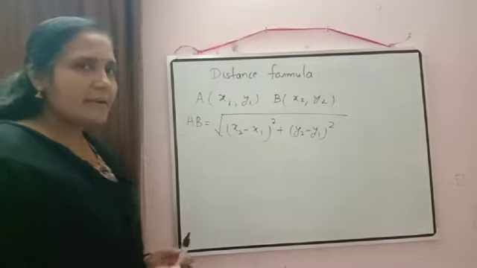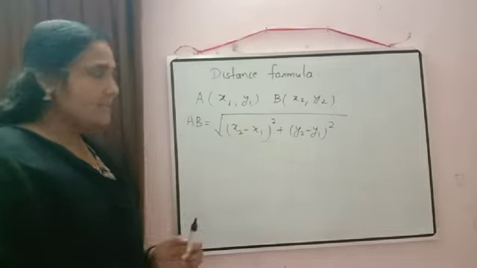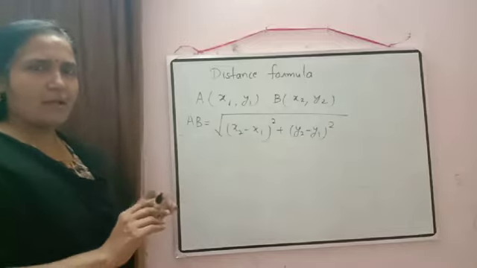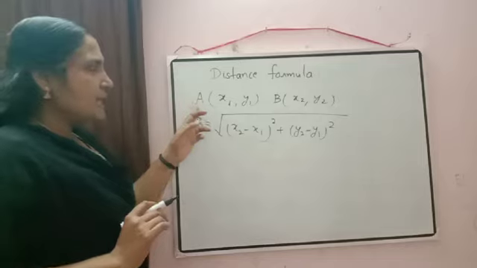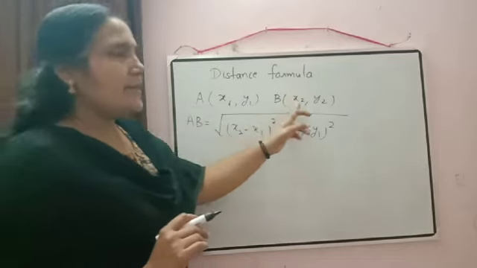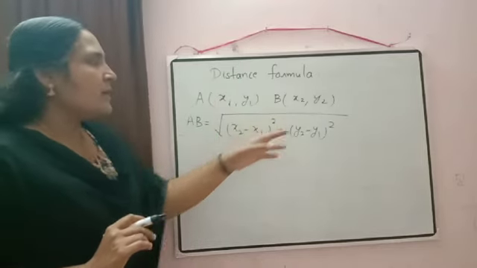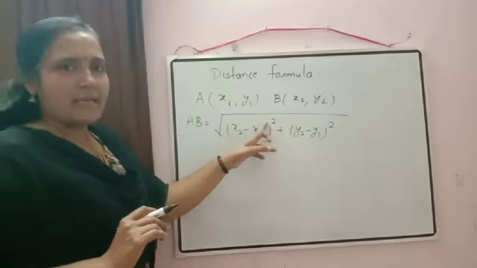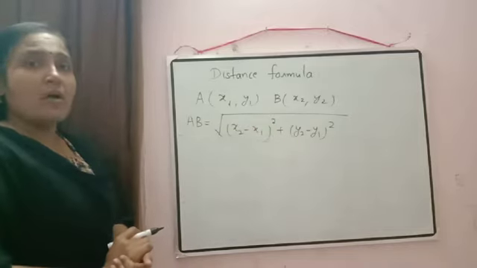I hope you remember this formula, the distance between any two points. Don't write this formula; we studied it in 10th class. So the distance between the points A(x1, y1) and B(x2, y2) is AB equal to square root of (x2 minus x1) the whole square plus (y2 minus y1) the whole square.